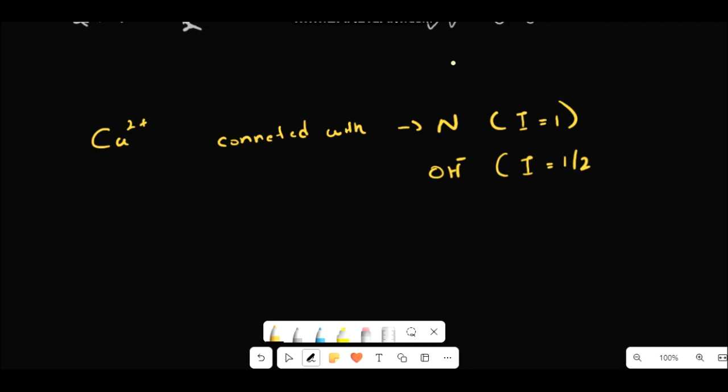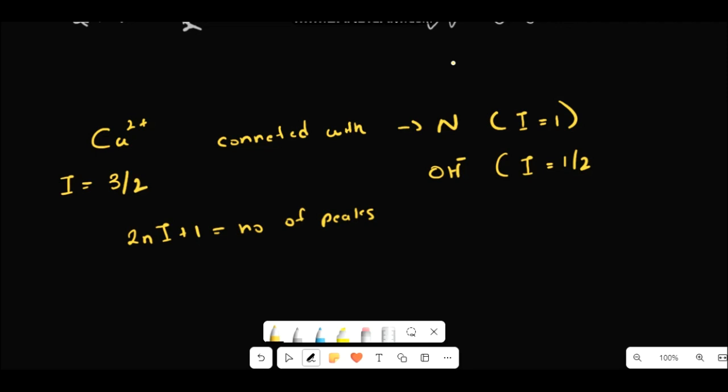We are asked to find exactly how many peaks we would expect from this interference. Copper's I value is 3/2. Okay, let's find out. Here we have to use the 2nI plus 1 rule. This is the number of peaks.